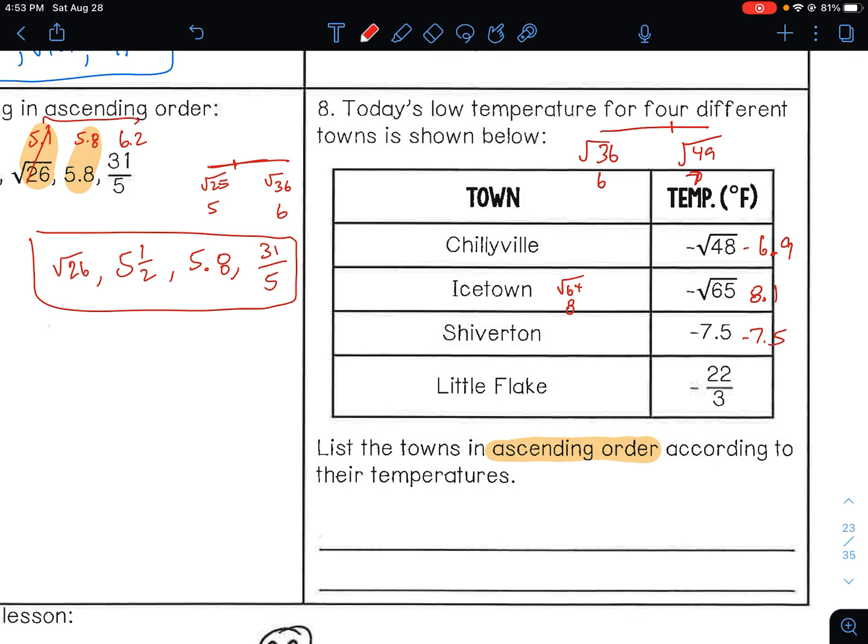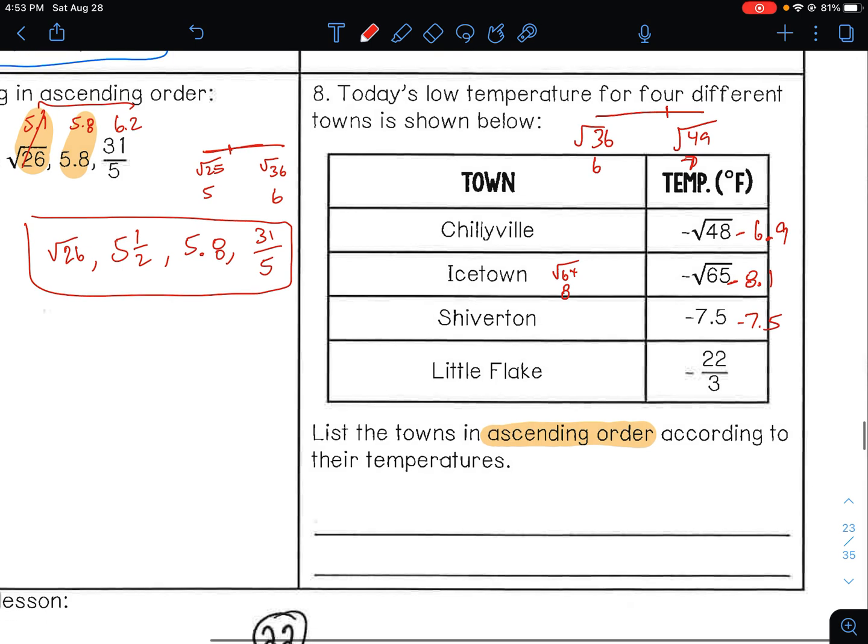Oh yeah, forgot. These are all negative. Finally, negative 22 over 3. How many times does 3 go into 22? Let's do a little bit of division. 3 goes into 22 7 times. And that gives us 21. We have 1 left over.